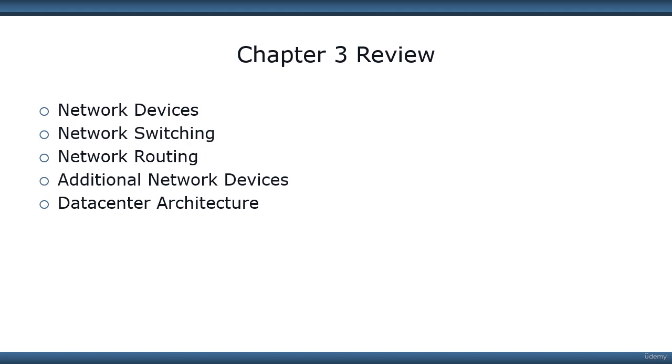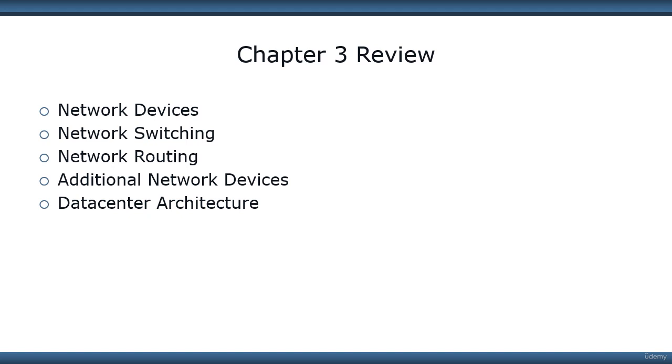In this chapter, we looked at network devices. We talked about various types of network devices that are used to provide communication across the network: bridges, hubs, switches, routers. We focused on the configuration of switches and their capabilities, and the configuration of routers and the functionality that they provide on the network. But we then talked about some additional devices: cable and DSL modems, voice over IP systems, kind of a hodgepodge of devices that exist on the network and provide a particular functionality.